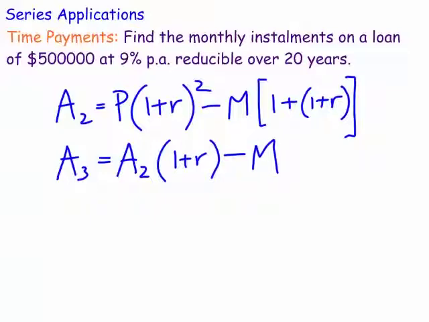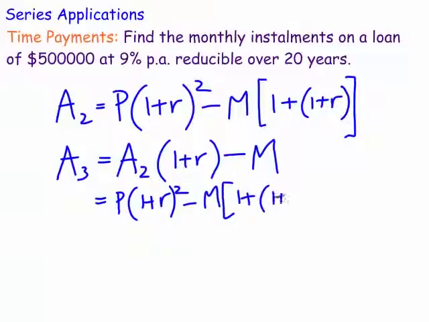So we're going to put in A2, you can see here, P(1 plus R) squared minus M(1 plus R). We need to compound this again, so (1 plus R) minus a monthly installment.